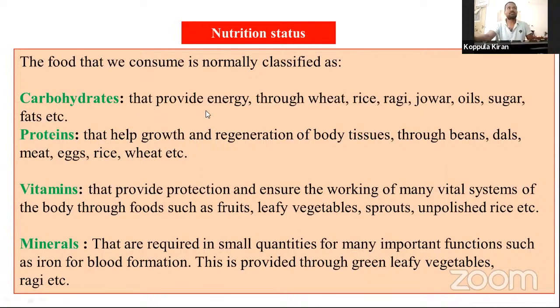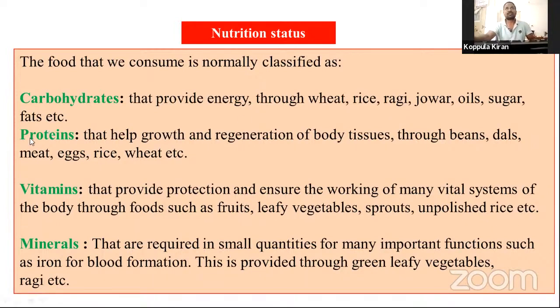They provide energy through wheat, rice, ragi, jowar, oils, sugar, fats, etc. If we take this carbohydrate food, we automatically get energy to work. These food grains have carbohydrates: wheat, rice, ragi, jowar, oils, sugar, fats.